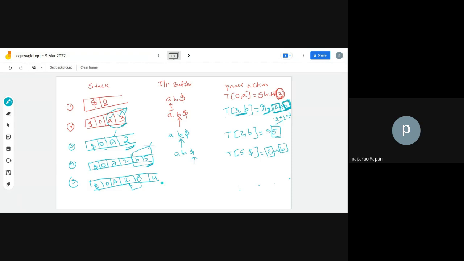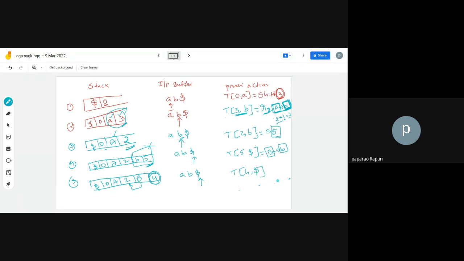The state is 4. The input is A B dollar. Now the topmost symbol of the stack is 4, and the look ahead pointer is at dollar, sir.